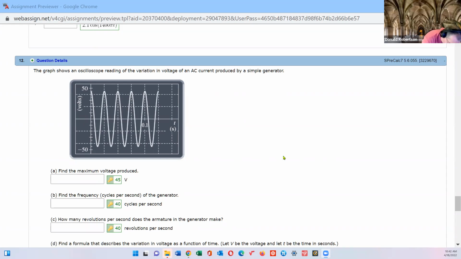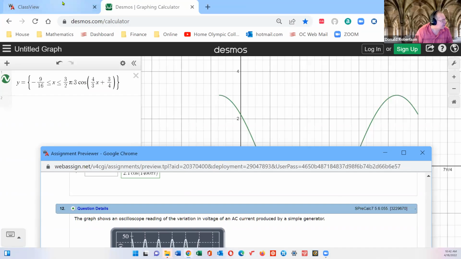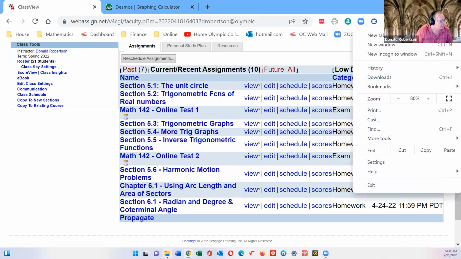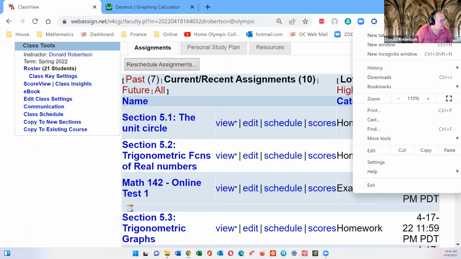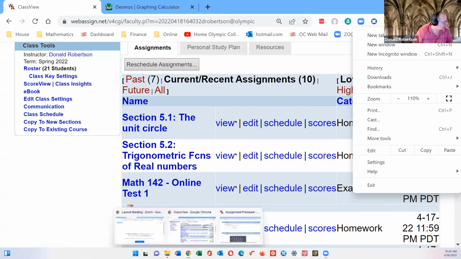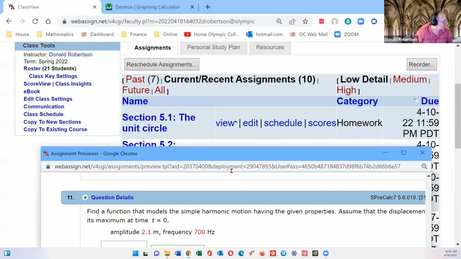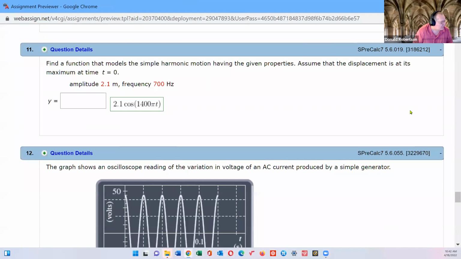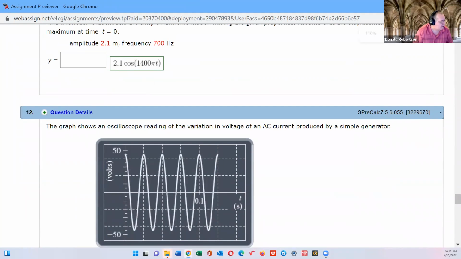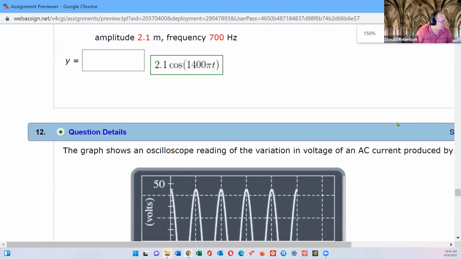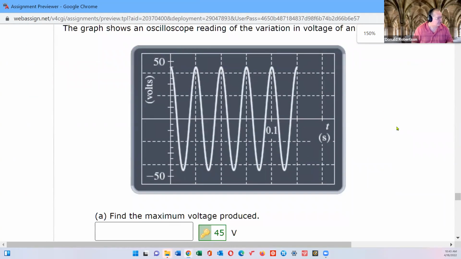So here goes. This is question 12. Looking at the shape, can I make this bigger? I want to make this bigger. Maybe even a touch bigger. There we are. That's probably as big as I can make it.